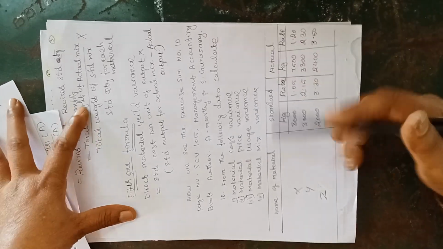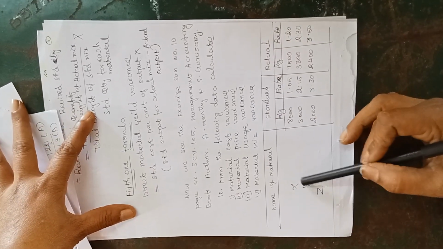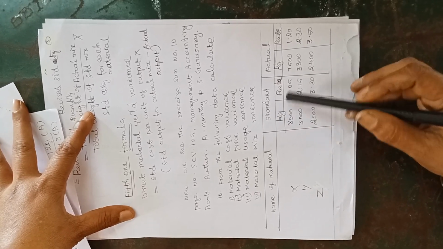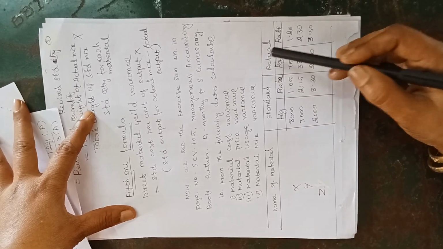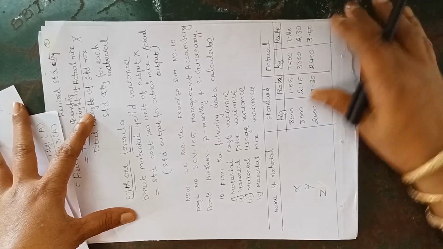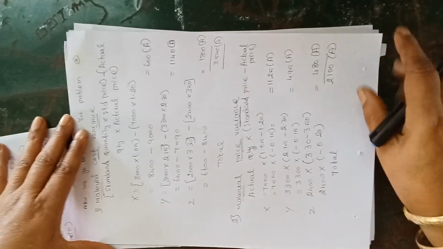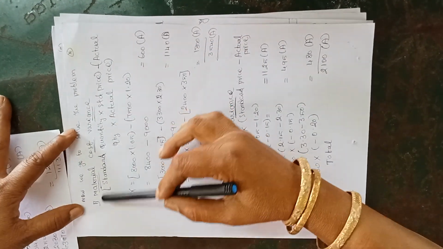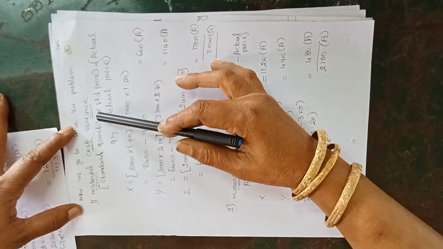The materials are X, Y, Z, with standard quantity, standard rate, actual quantity, actual rate. Now we go to solve the problem. First one, material cost variance.